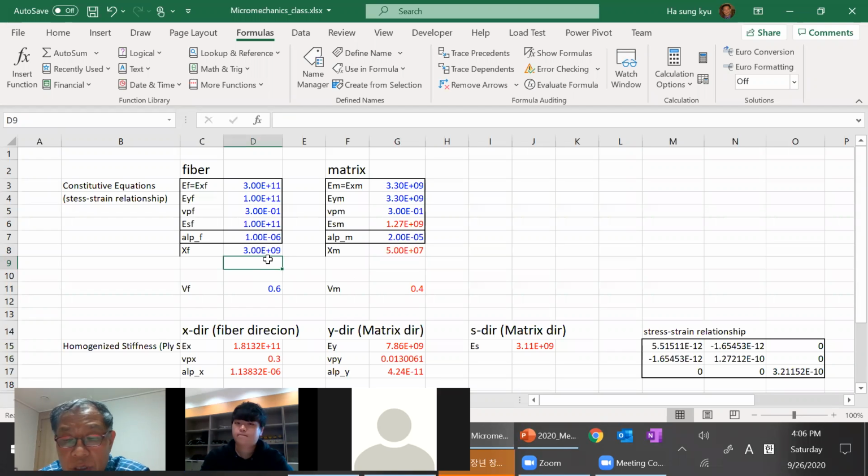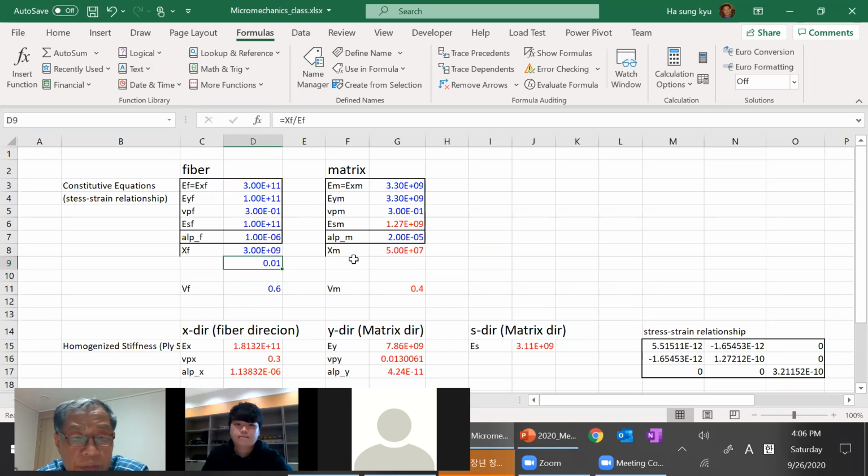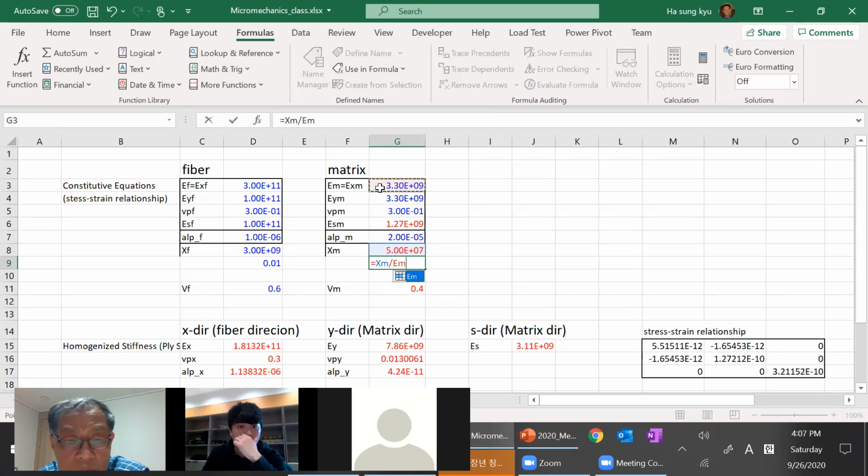So let's just double check. Equal, divide by this one, divide by the fiber. That is a failure strain 1%. And here this divide by resin. So about 1.5.